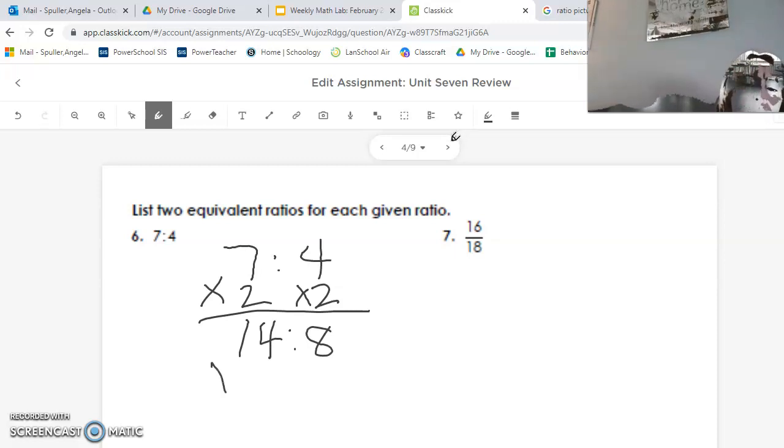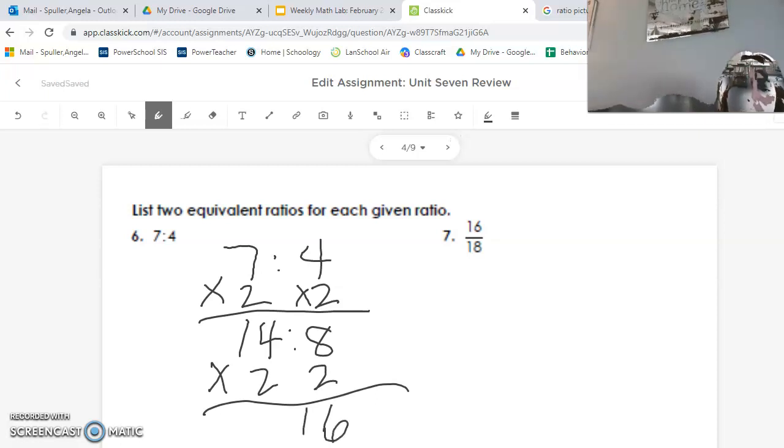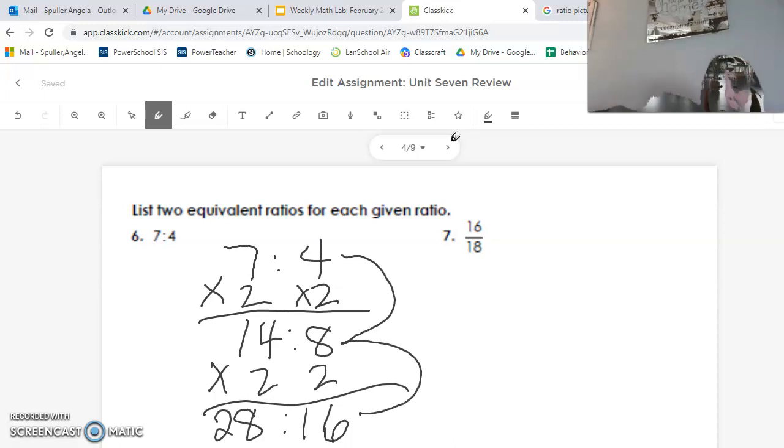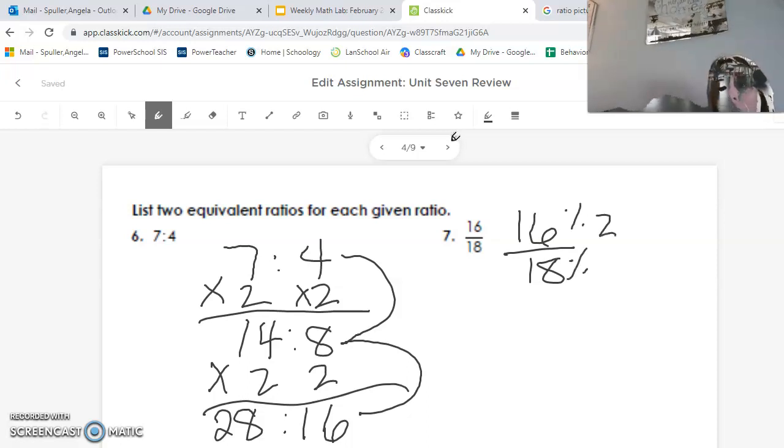Now, if I do this again and multiply these by 2, 8 times 2 is 16, 14 times 2 is 28. This and that are all equivalent ratios. Okay, so I'm going to show you the opposite way. I can take 16 over 18, and I can divide them both by 2.